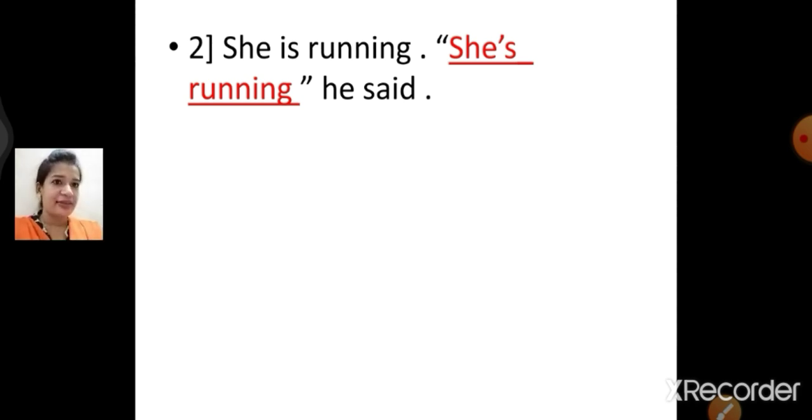She's running. Now we have replaced I with apostrophe. She's running, he said. So the contraction form of she is, she's.